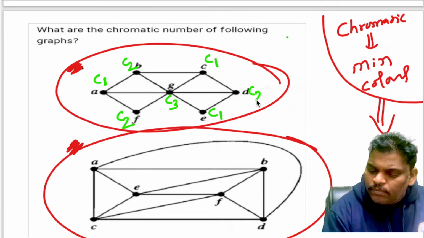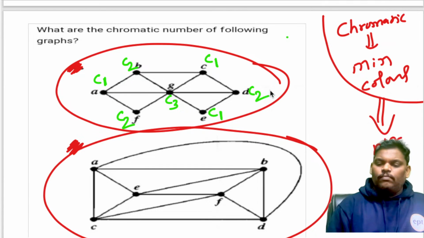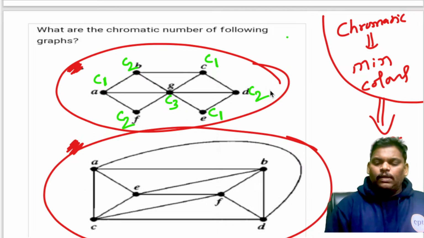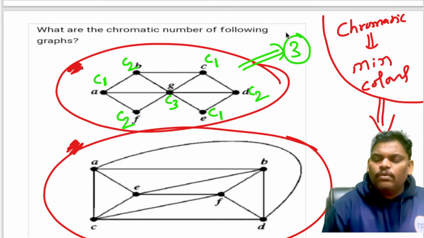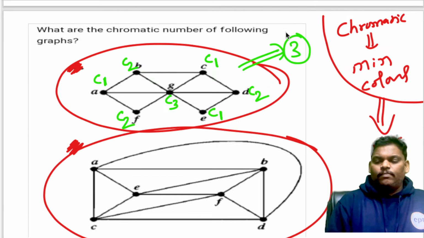It is C2. I think for this one, three colors. I am very sure, minimum three colors, because of the triangle there.